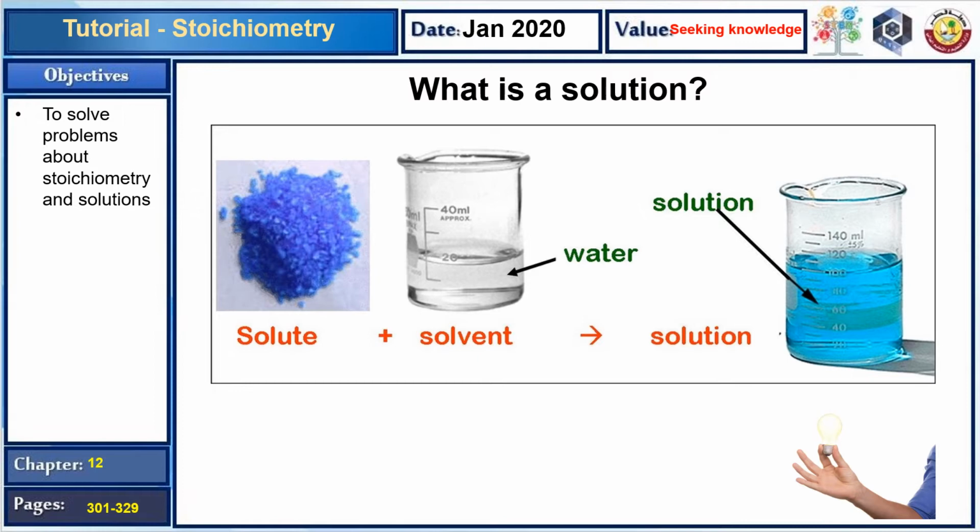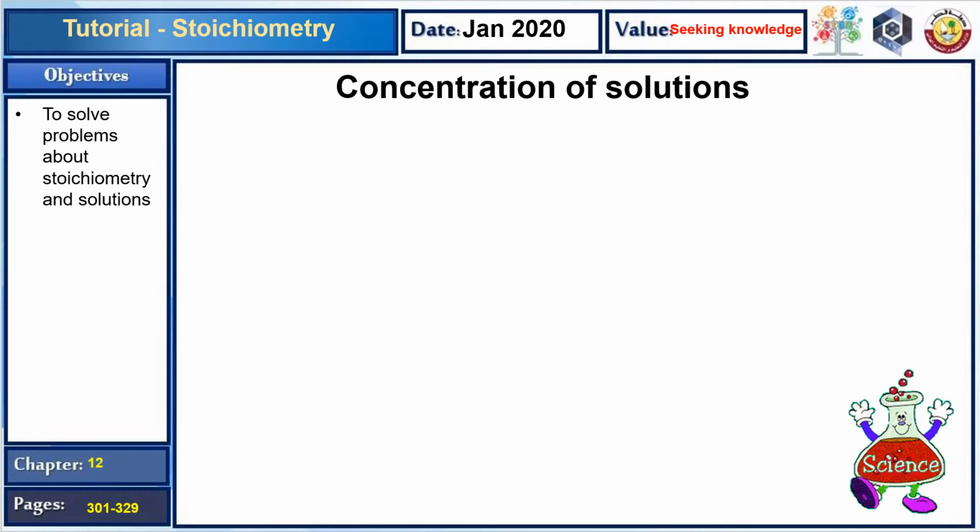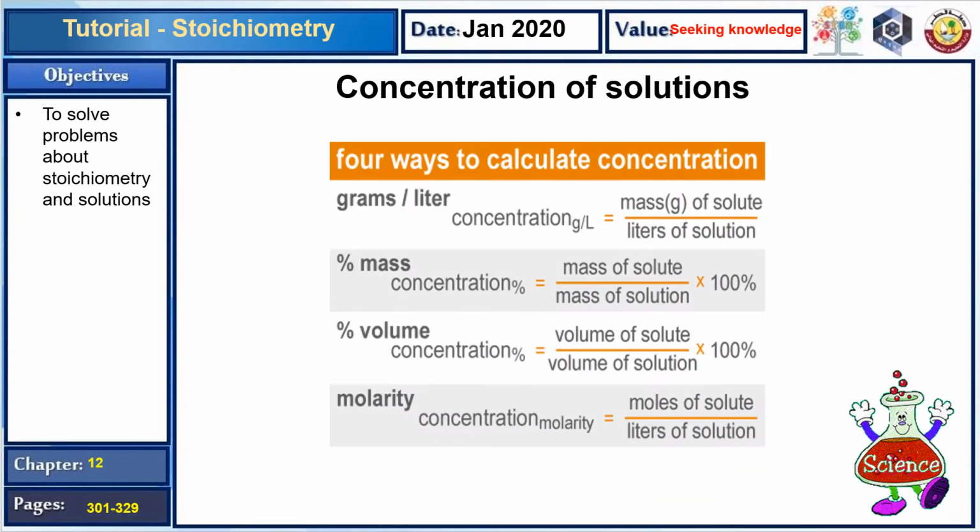How do we measure the strength of the solution? We use concentration. If concentration is high, it means that the amount of solute in the solution is more. There are different units to measure concentration. They are grams per liter, mass percentage, volume percentage, and molarity.